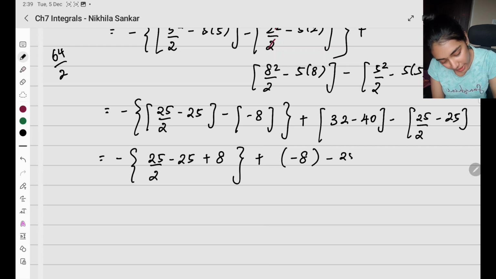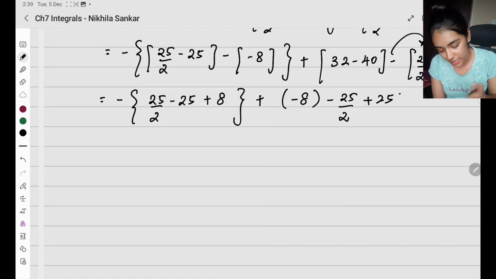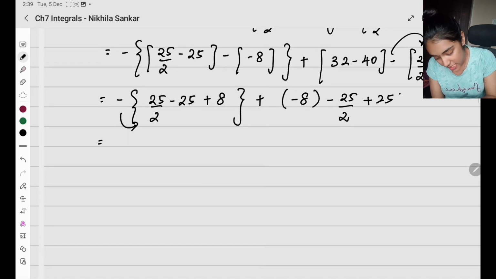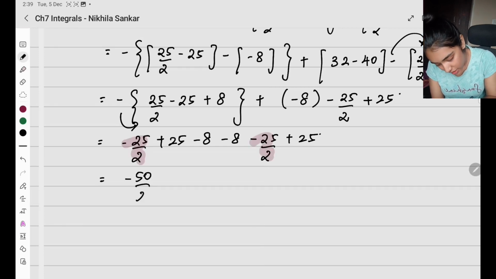Minus, when I multiply the minus inside, minus 25 by 2 plus 25. I have multiplied the minus inside the bracket. Now I'm going to multiply this minus inside the bracket. So I have minus 25 by 2 plus 25, minus 8, minus 8 minus 25 by 2 plus 25. So let me club two terms. Minus 25 by 2 minus 25 by 2 becomes minus 50 divided by 2.